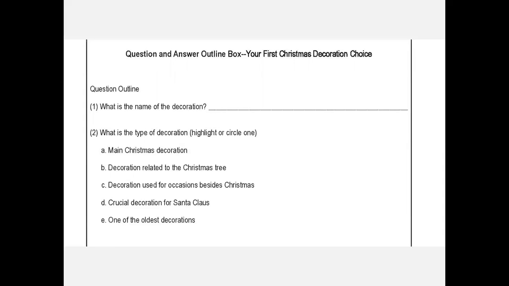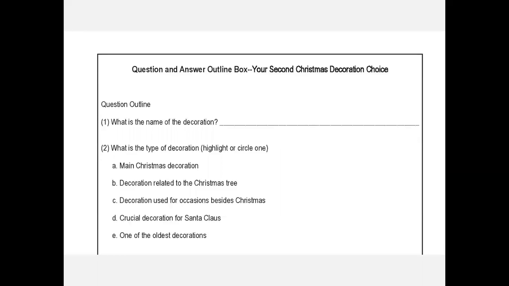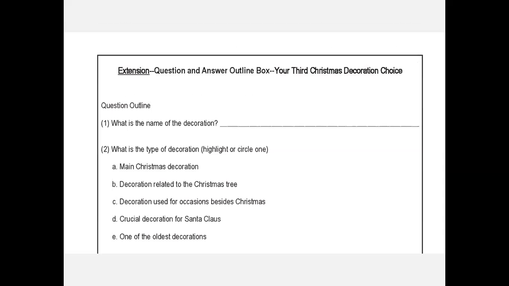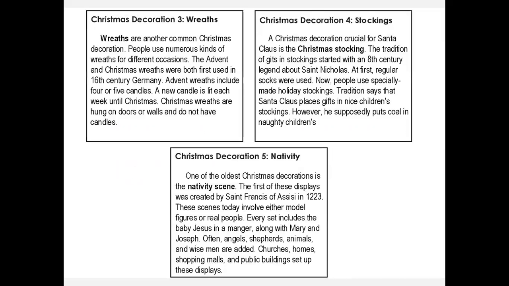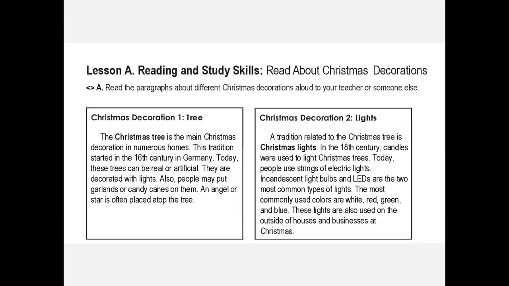All right, so the cool thing about these is that the questions are all the same, and the passages are what we call pattern paragraphs in my books. So that means that it tells where the tradition came from, when the tradition began, what it is.